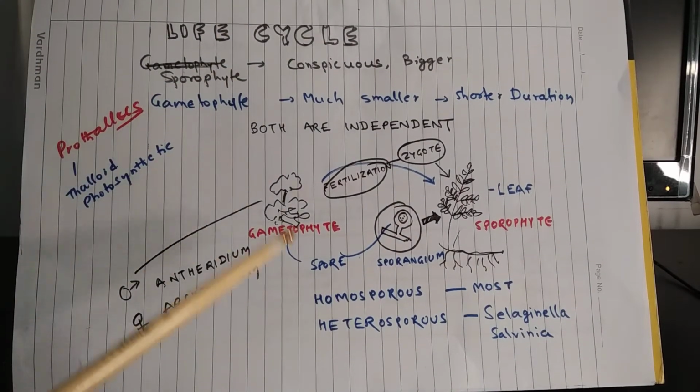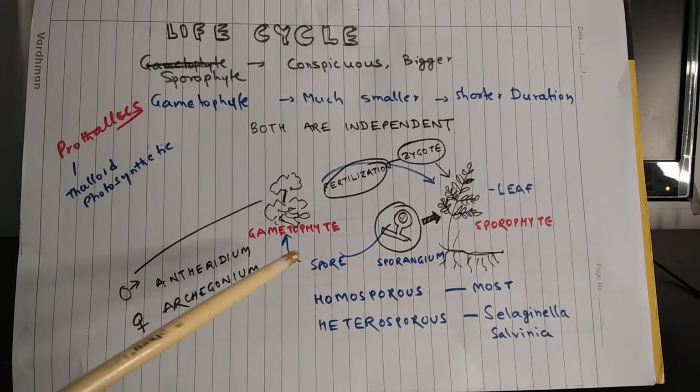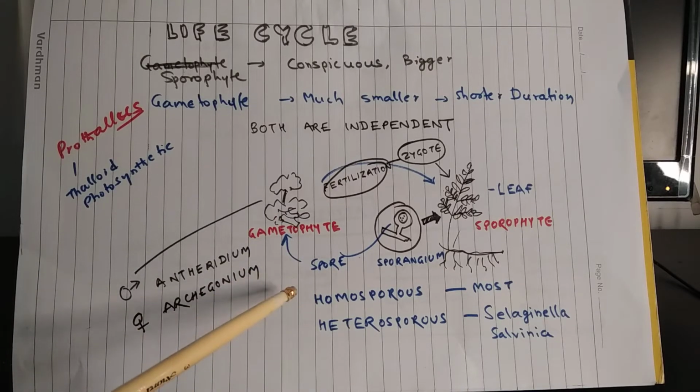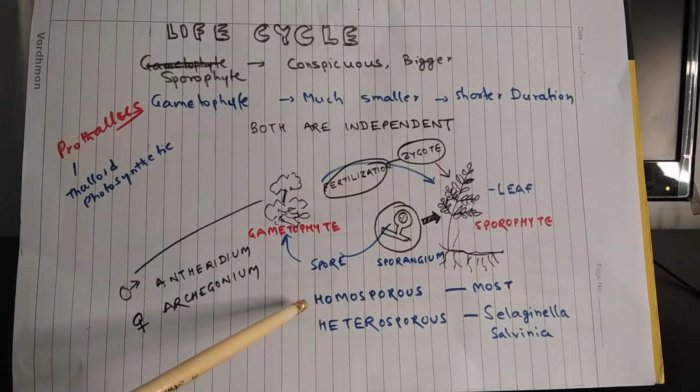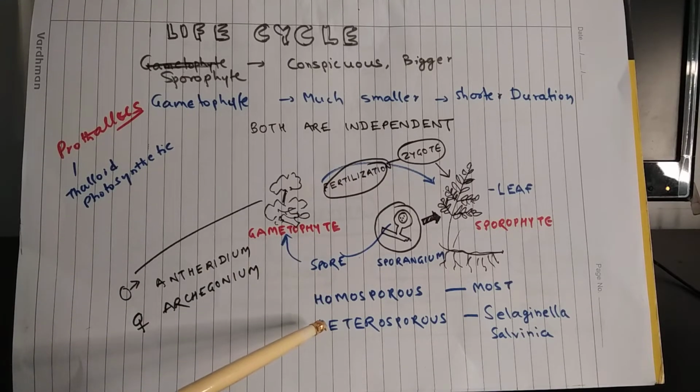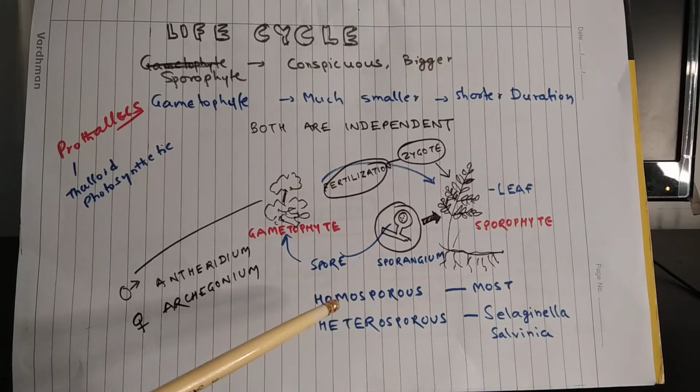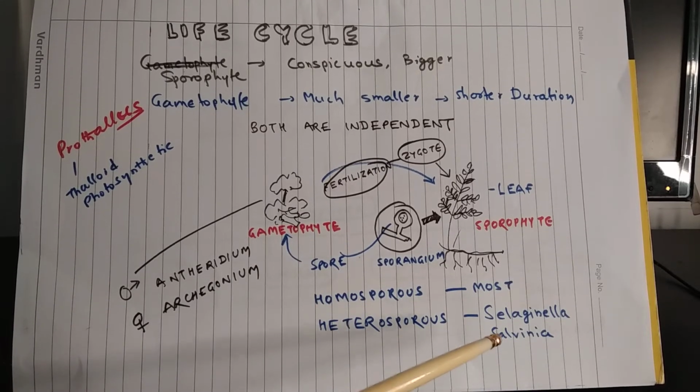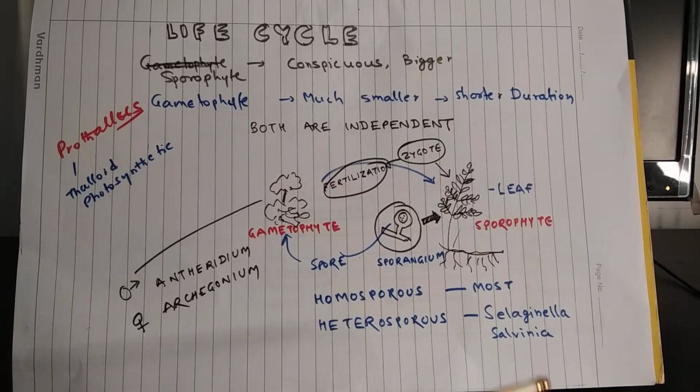Now, spores can be of different sizes or of similar sizes. If they are of similar size, the condition is called homospory and spores are called homosporous. If spores are of different sizes, then it is heterosporous, for example, in Selaginella and Salvinia. But most of the Pteridophytes are homosporous.